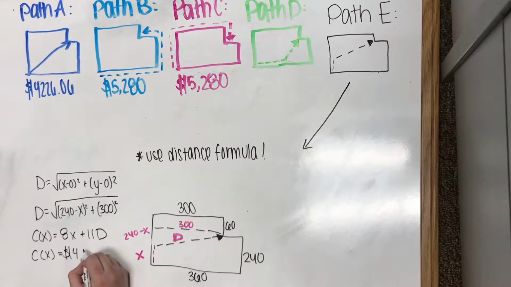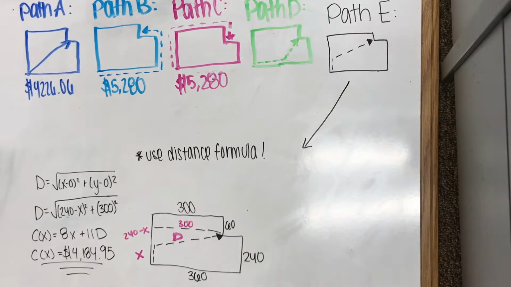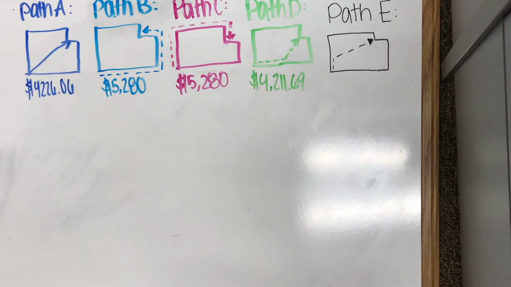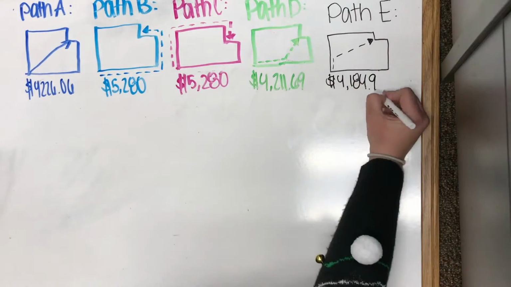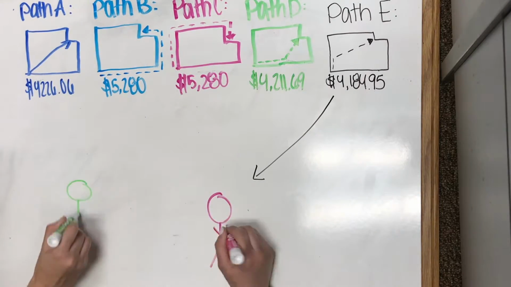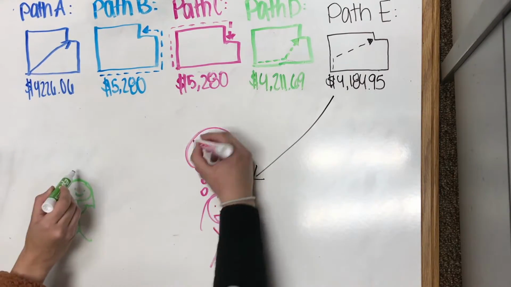Our distance formula is the square root of 240 minus x squared plus 300 squared. When we plug it into our cost formula and plug it into decimals, we get a total of $4,184.95.